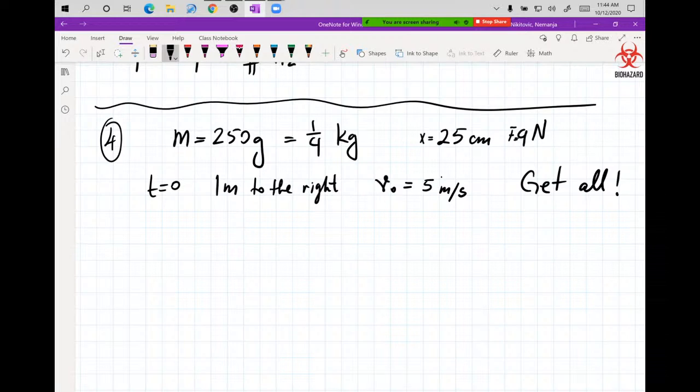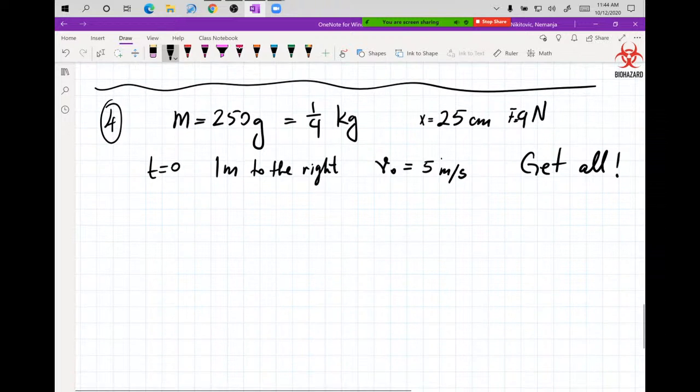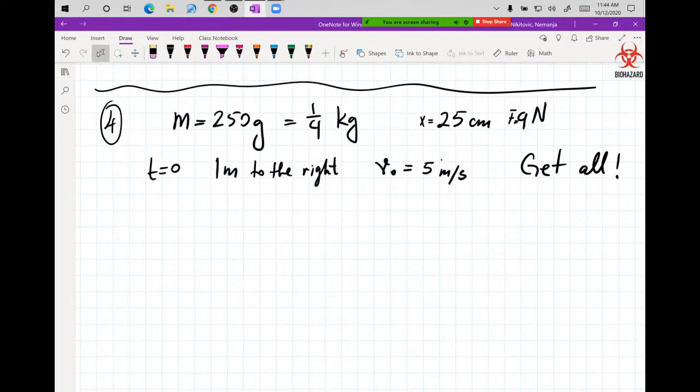Even if you do the correct procedure, your answers are going to be wrong because your units brought in the wrong numbers. So we are not going to use 250 grams. We're using 1/4 instead, because kilograms are the unit for mass.